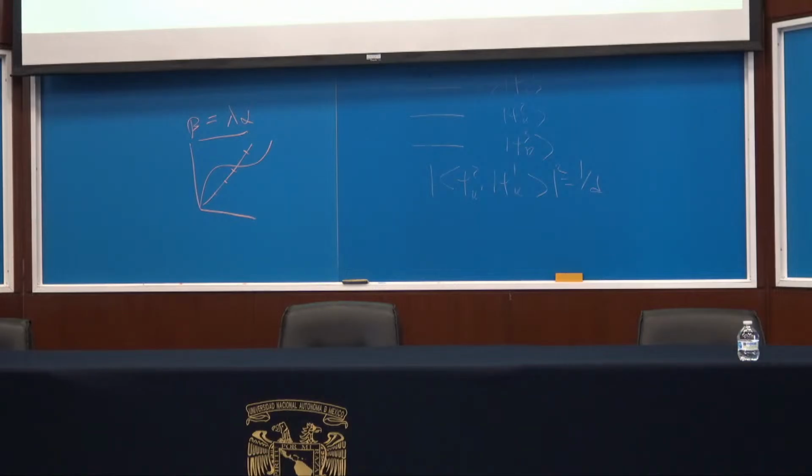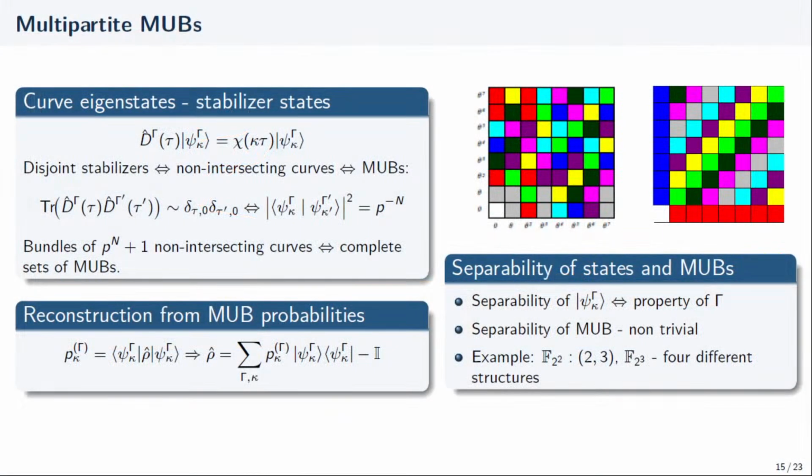So for instance, here's a 3-qubit case. This is one arrangement of commuting operators, and this is a completely different arrangement of commuting operators. This is a yellow curve, this is a curve. If you take operators labeled by points, the phase space is the same. We just take different points and see which points commute with each other. These are so-called commuting curves in this case. The simplest case of commuting curves are rays.